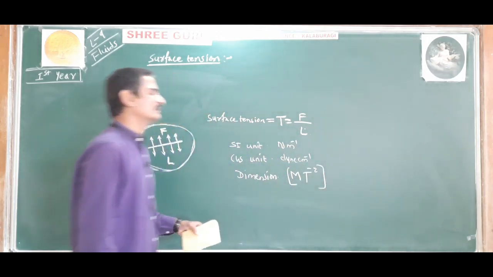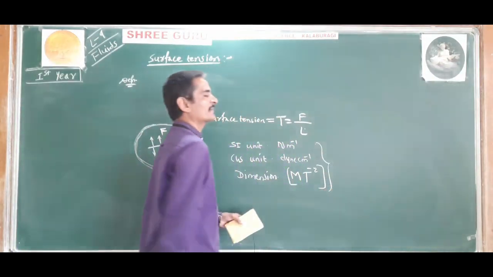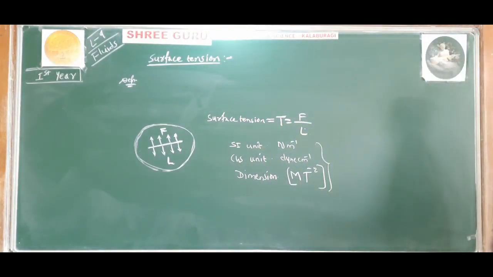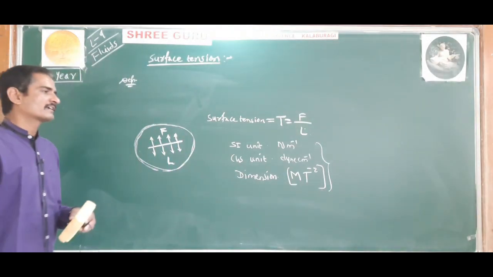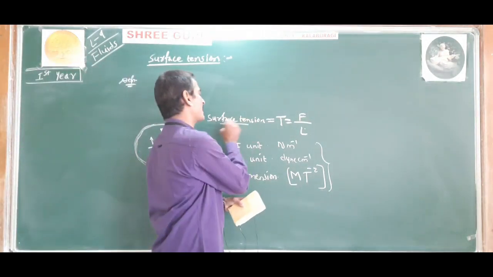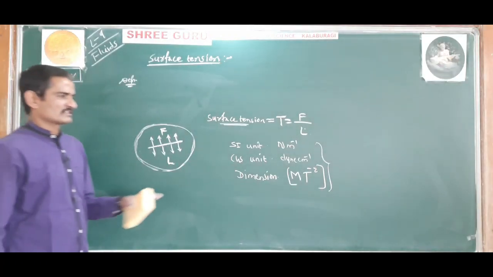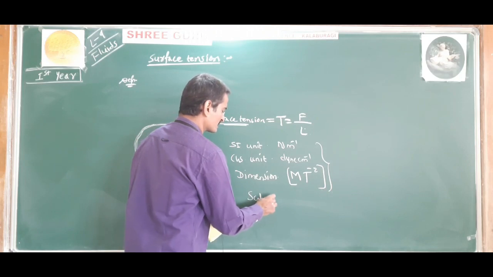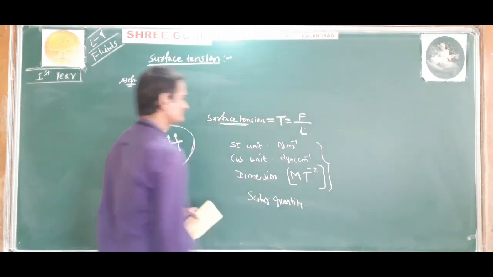So m raised to 1, T raised to minus 2. And it is the same as force constant or spring constant. We will study force constant or spring constant. That force constant will have the same unit and dimension as that of surface tension. Understood? And surface tension is a scalar quantity. Remember all these things.